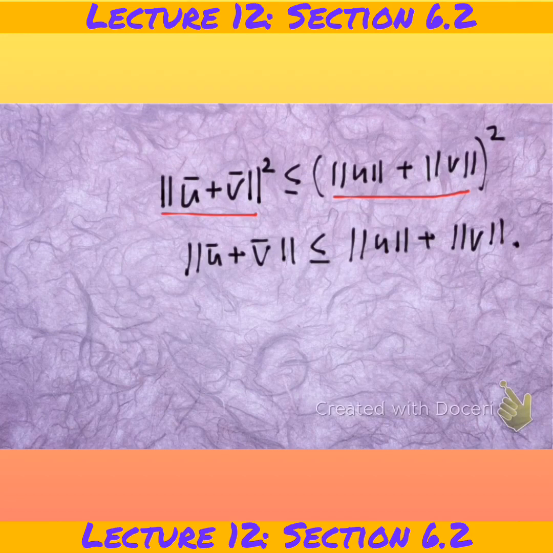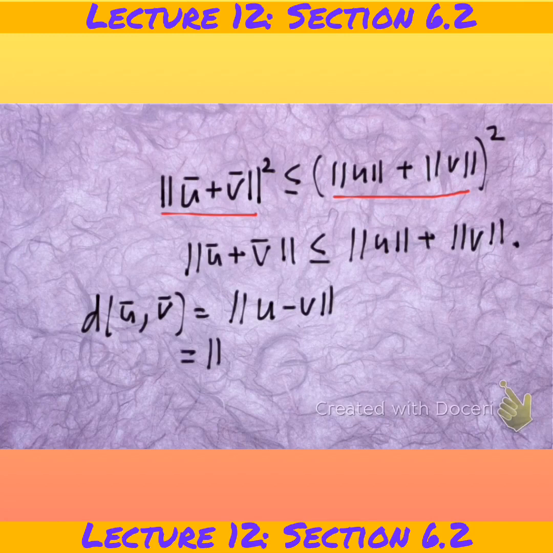Now, the distance formula works the same, because if you have the distance between the vectors u and v, that we know is the norm of u minus v, according to section 6.1. But that is also equal to the norm of u minus w, where w is another vector, plus w minus v.